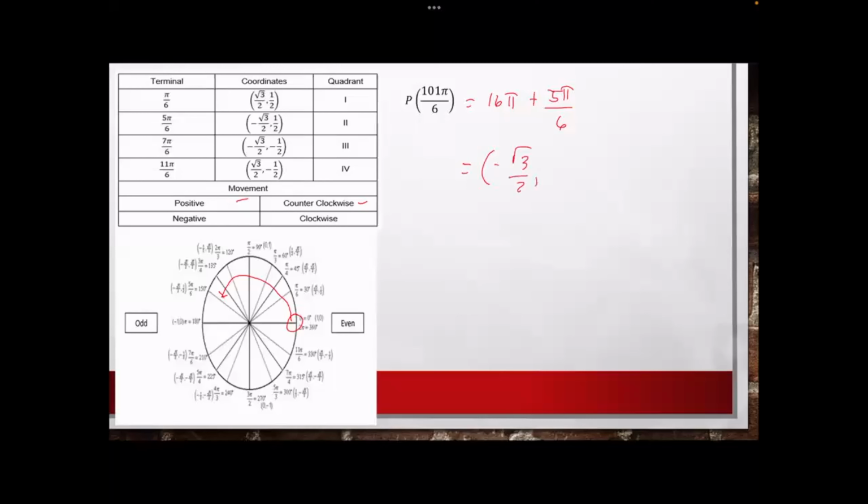Okay na. Ayan. Okay, so this is negative the square root of 3 over 2 and 1/2 as the coordinate of the 101 pi over 6.